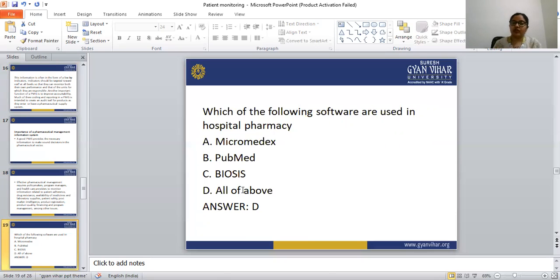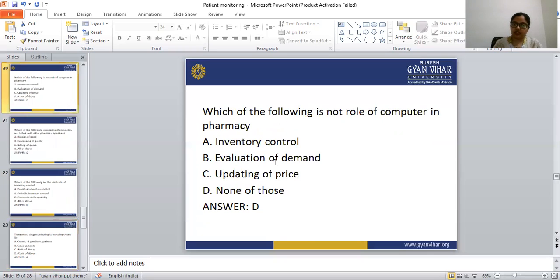So Micromedex, PubMed, Biosys, these are all used in the hospital pharmacies.